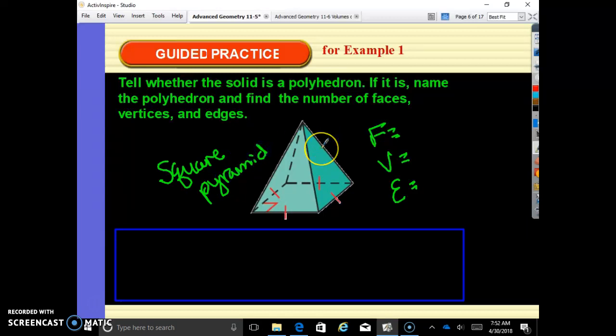All right, so it has one square and how many triangles? 4, one for each side. So there's 5 faces. How many vertices? 5, one for each corner of the bottom, and then the one that they all come up to. 5. How many edges? 8. The 4 for the square, and then the 4 coming up to the point.